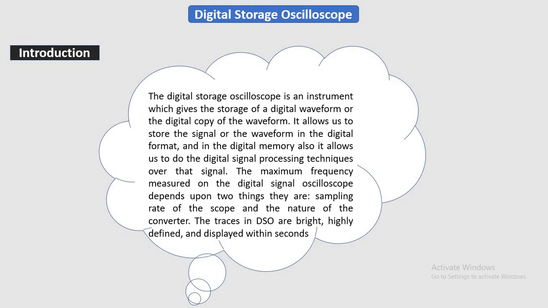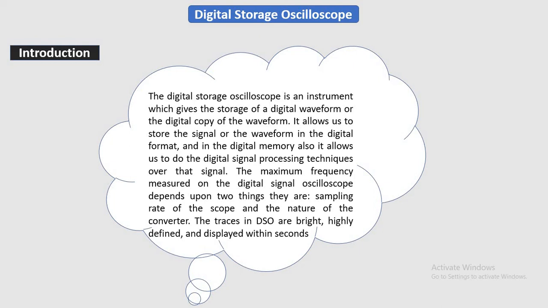In the conventional CRO, there is no provision for storage of the waveform, but in DSO there is a digital memory that stores the digital copy of the waveform. It allows us to store the signal in digital format in the digital memory, and to apply digital signal processing techniques over that signal.